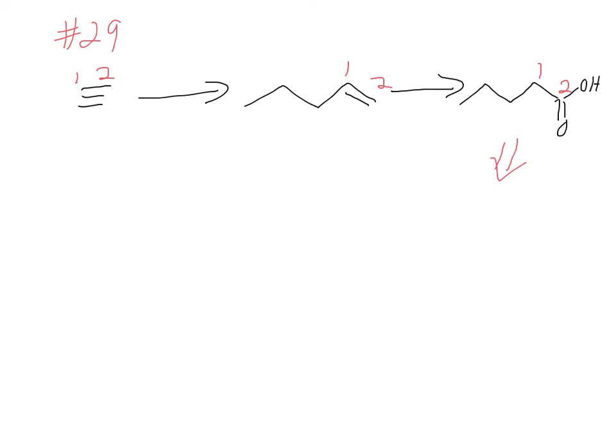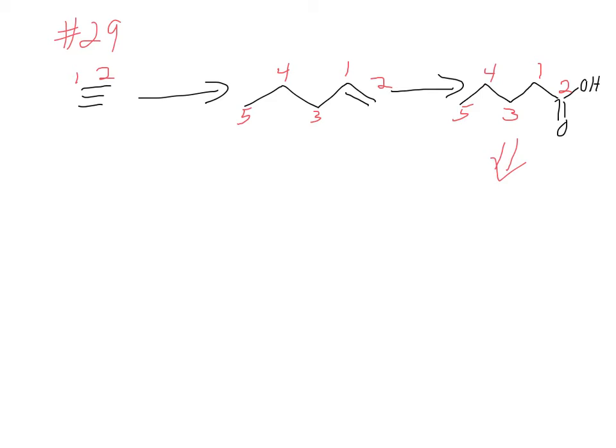So we want to work backwards. How do we make a carboxylic acid? What's the start material? We know one way to make carboxylic acids. What do we make carboxylic acids from? Chromium. Chromium's a reagent.